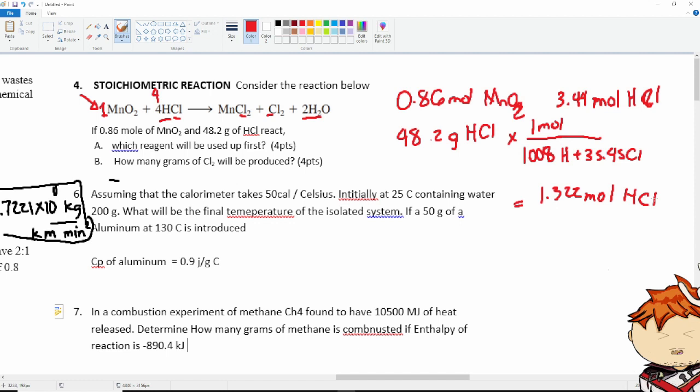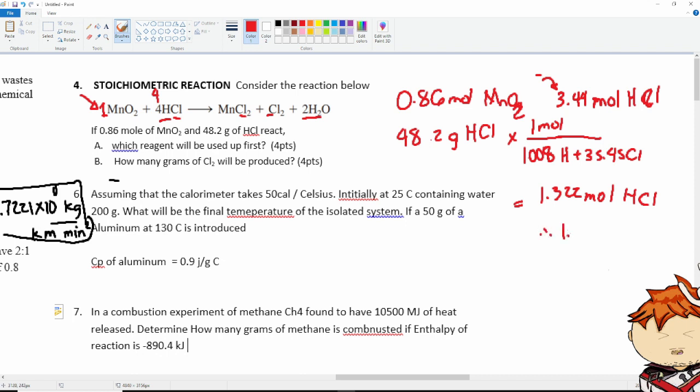So there's 1.322 molecules of HCl. But theoretically, we need 3.44 molecules of HCl for 0.86 MnO2. Meaning HCl is lesser, so HCl will be used up.